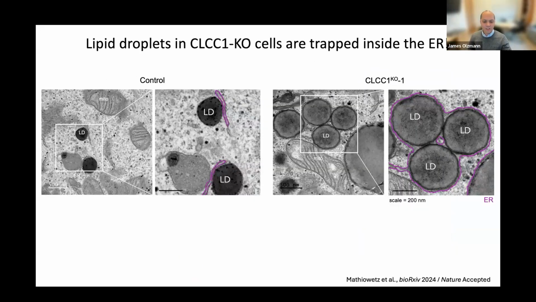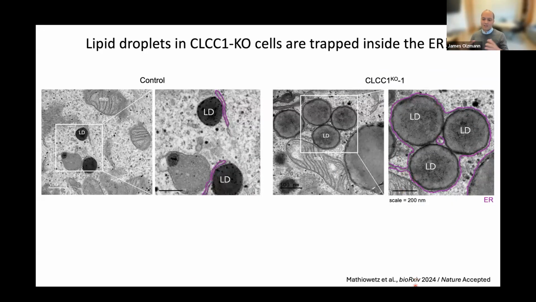And the answer came when we did additional EM. Here we're showing the ER. We have these nice contacts, the ER surrounded by magenta, with lipid droplets. But we see something very different in these CLCC1 knockouts. And this was a really nice EM micrograph. We have an ER sheet here, one of the membranes going all the way around these lipid droplets and coming back to that sheet.